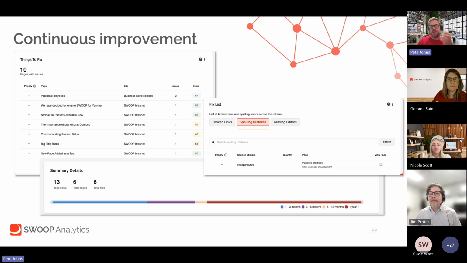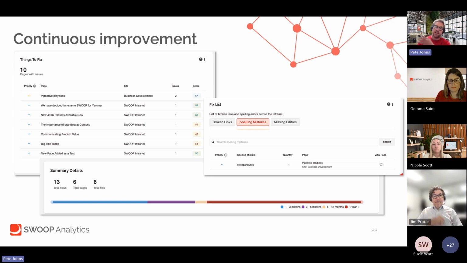One of the big things we hear from intranet managers, intranet owners, is I have a limited amount of time every day, week, month, quarter to make some changes. You want to make sure that the changes you're making are giving you the biggest bang for buck.